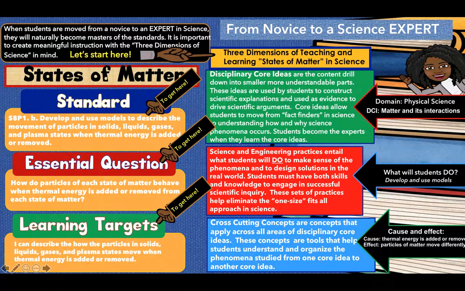This particular standard's cross-cutting concept is cause and effect. So what is the cause? The cause is adding thermal energy or removing thermal energy will affect matter. How does it affect matter? It will cause each state of matter to move differently.